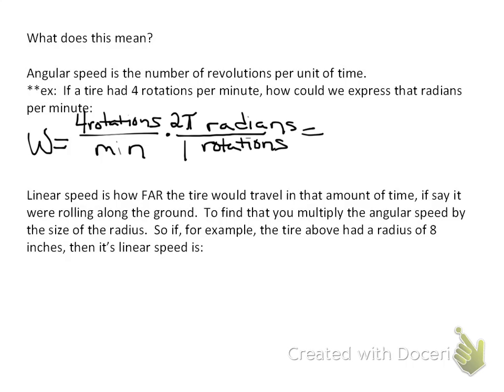So here our rotations cancel, and we're left with 8 pi radians per minute. Doesn't 8 pi radians mean the same thing as 4 go-rounds on a circle? Yeah. So we're just putting it in a more manageable unit of measurement. Questions?